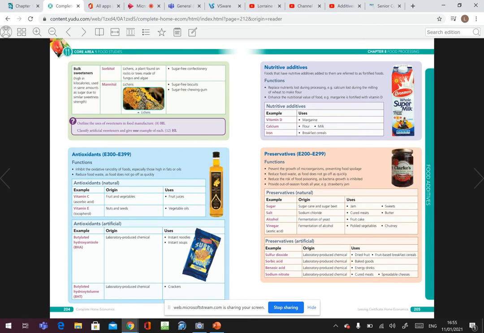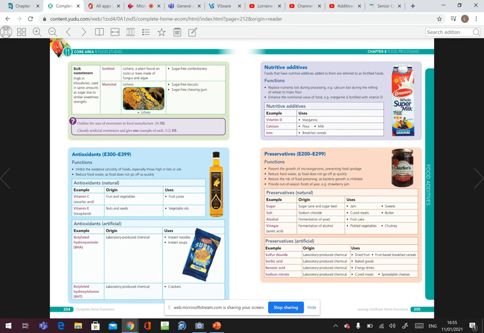Our natural antioxidants are vitamins. Vitamin C, a water-soluble vitamin, the correct name being ascorbic acid, and vitamin E, or tocopherol, a fat-soluble vitamin. Vitamin C is found in fruit and veg, and you can use it in fruit juices, for instance, as an antioxidant.